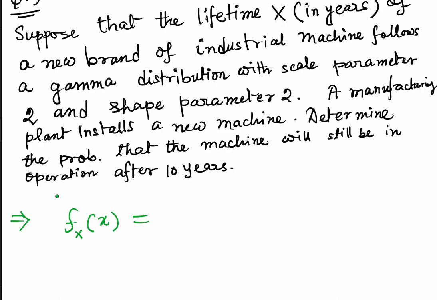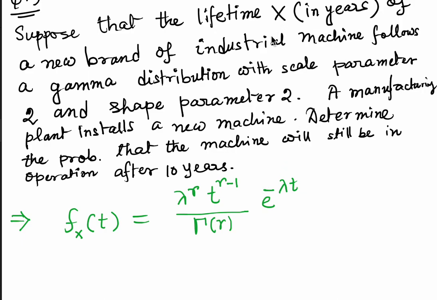So for the gamma distribution, with variable t, it is lambda to the power r, t to the power r minus 1, divided by gamma of r, e to the power minus lambda t.